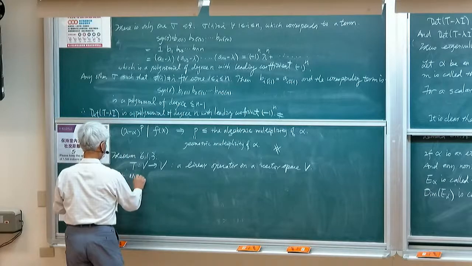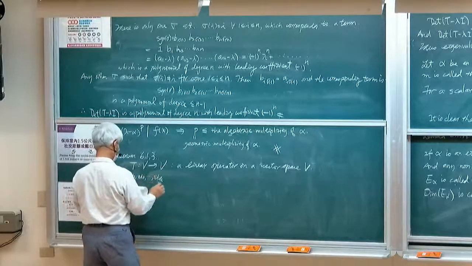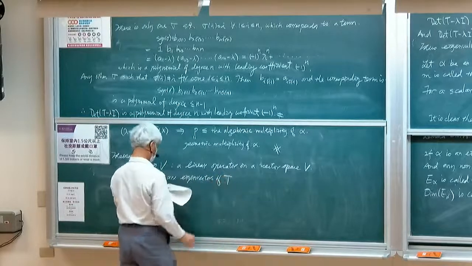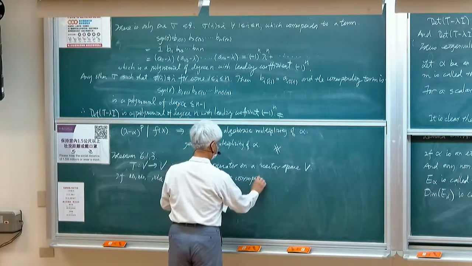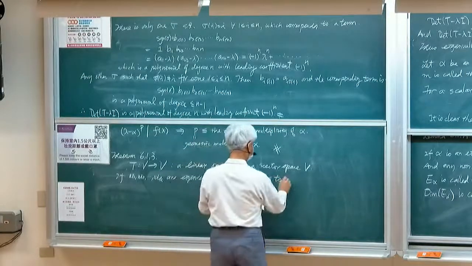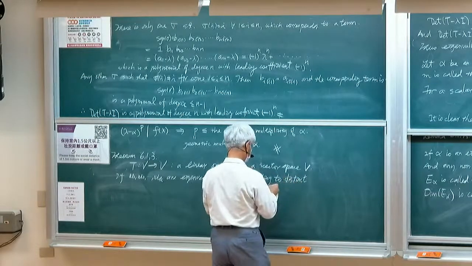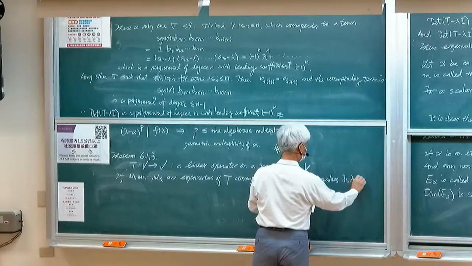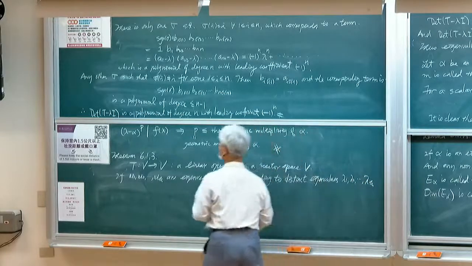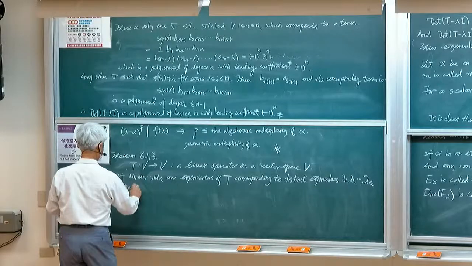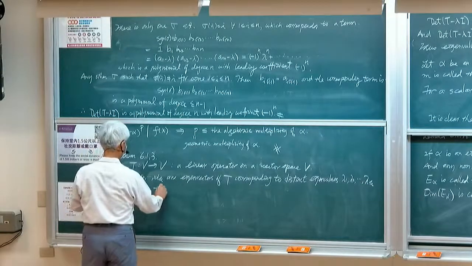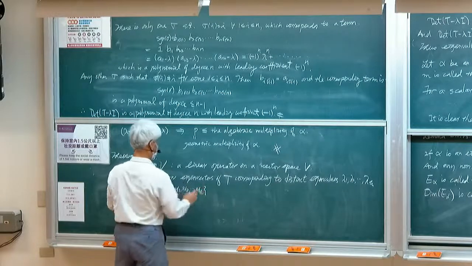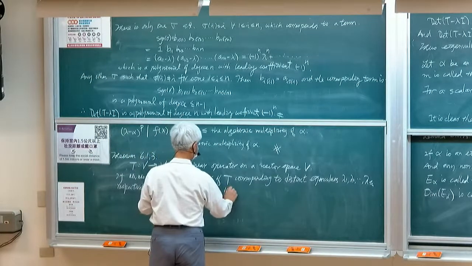Now if U1, U2 up to UK are eigenvectors of T corresponding to distinct eigenvalues lambda 1, lambda 2 up to lambda k, respectively, then U1, U2 up to UK form a linearly independent set.